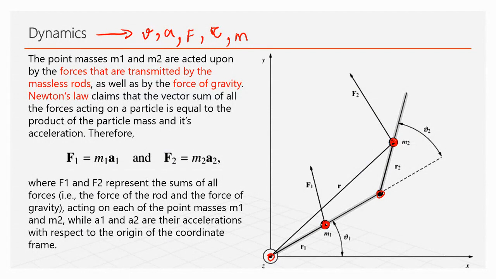All right, and we know from basic physics, from Newton's laws, that when a force is applied to a mass of m1 and it's accelerated with a1, there is a relationship like what you see here. F1 is m1 times a1.